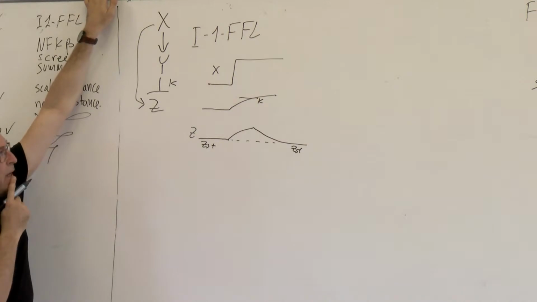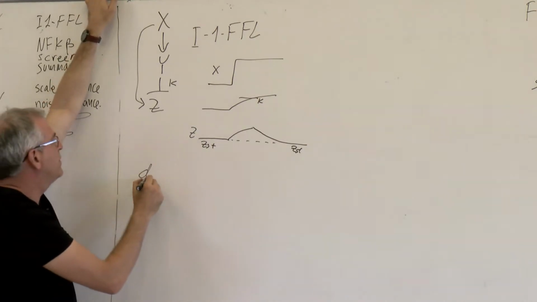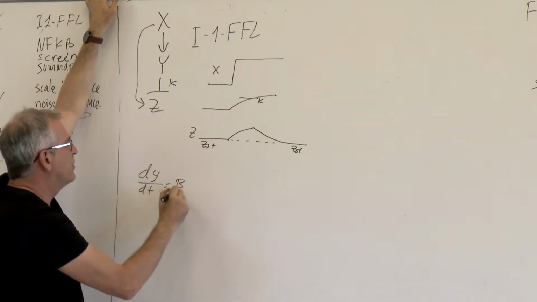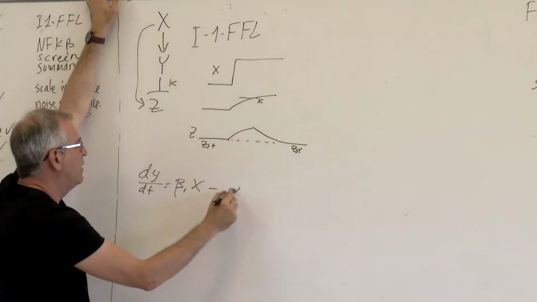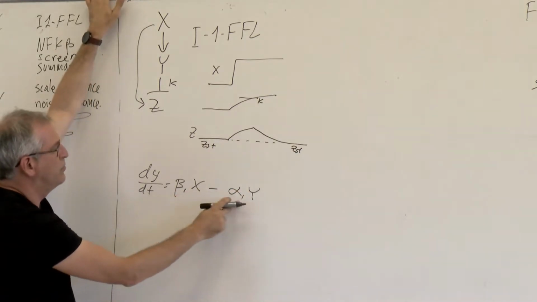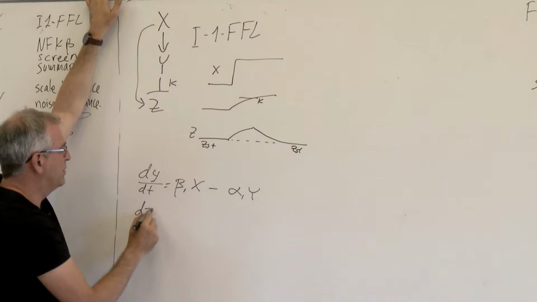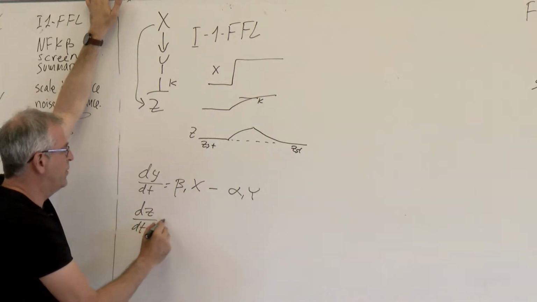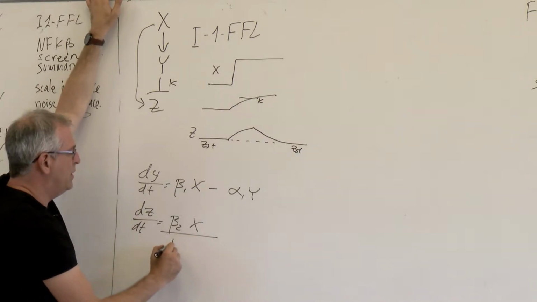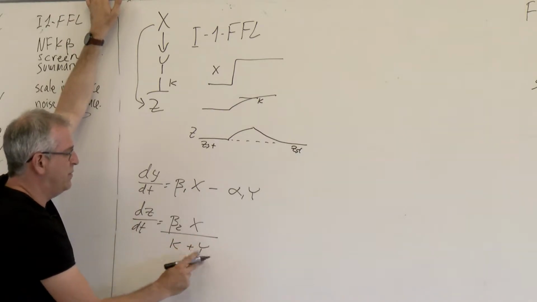Yeah? And the equations here are dy/dt. I'm just going to write very simple equations. Minus alpha 1 y. So this is production by x and removal, like we did in the first lectures. And dz/dt I'm going to write down. So x activates z, and y inhibits z.